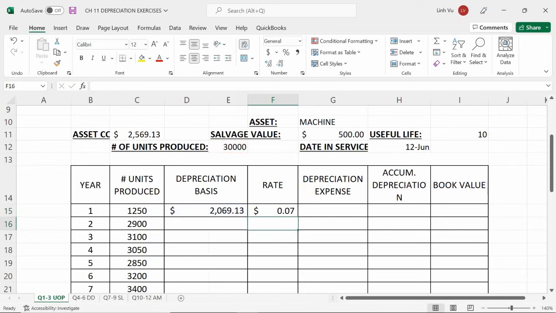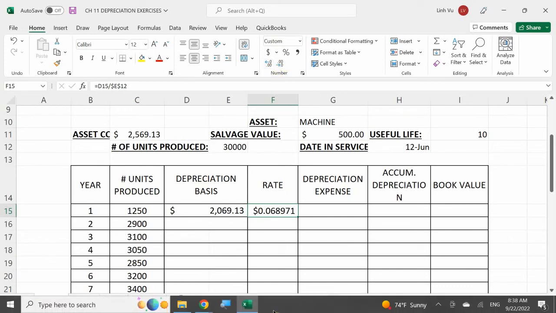Okay, so here, what do you get? 0.07. Do that calculation again.